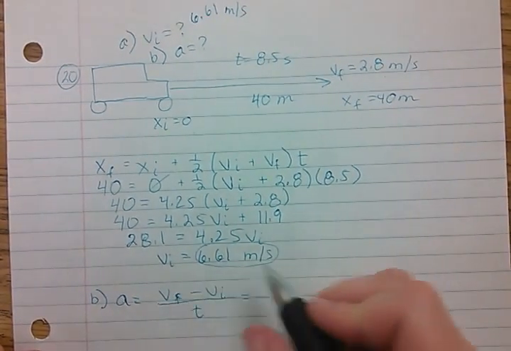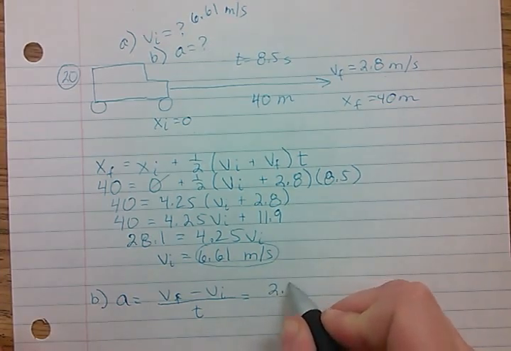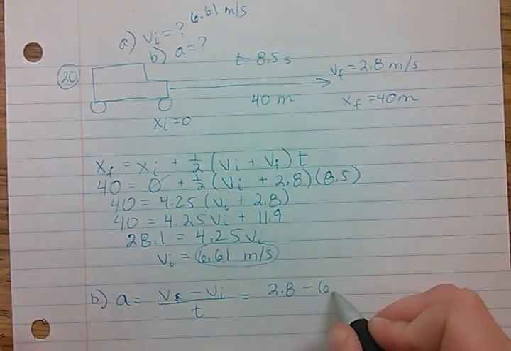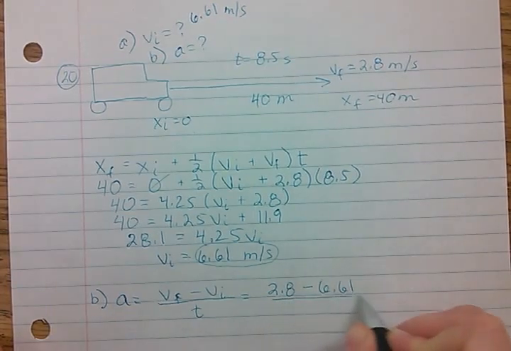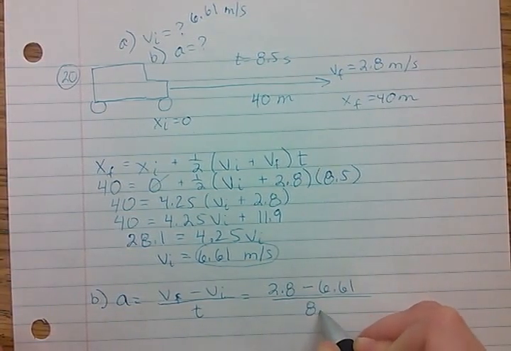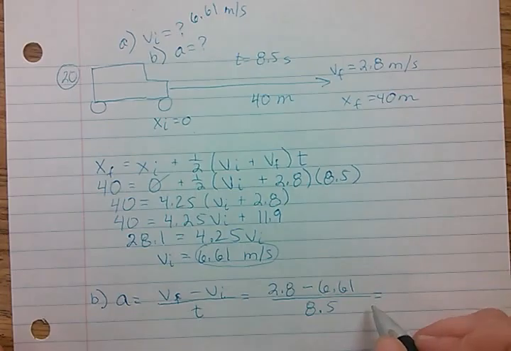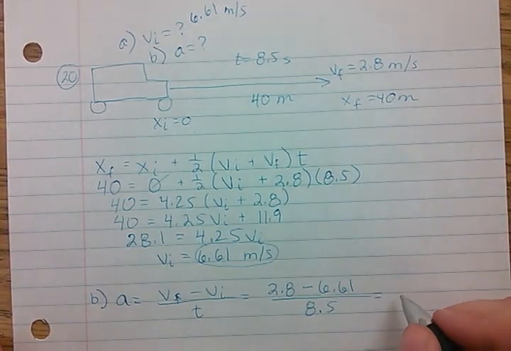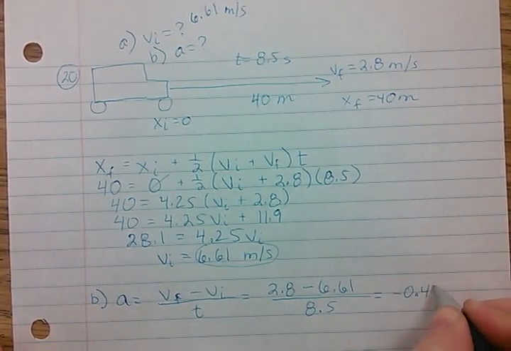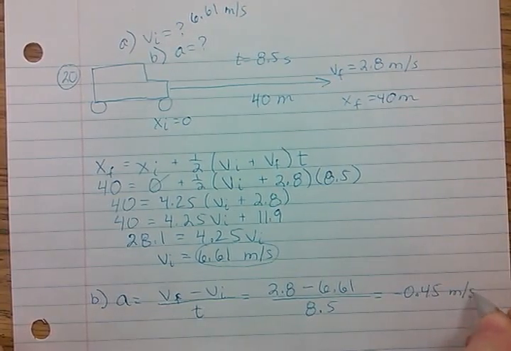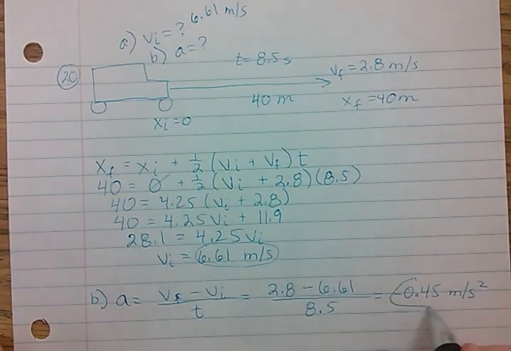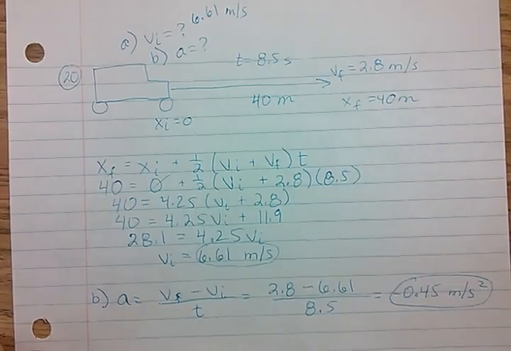So our final speed is going to be that 2.8. We just calculated our initial speed, and our time, which the problem gave us, is 8.5. So if you plug that in, you should get that the acceleration is negative 0.45 meters per second.